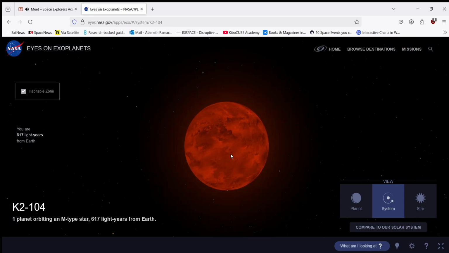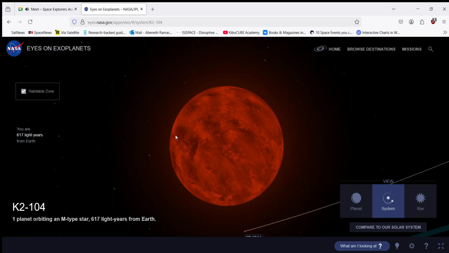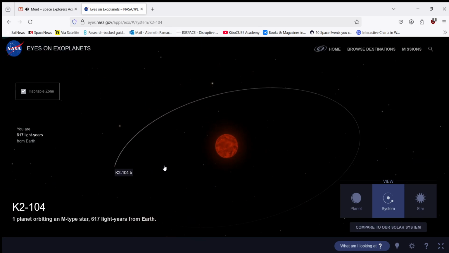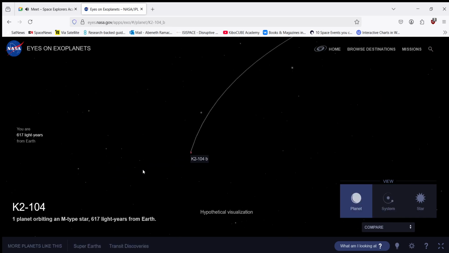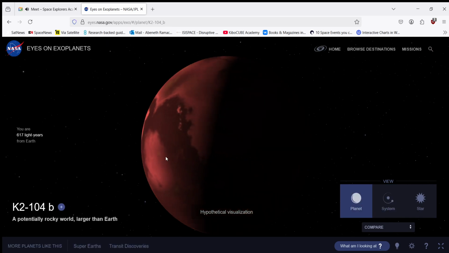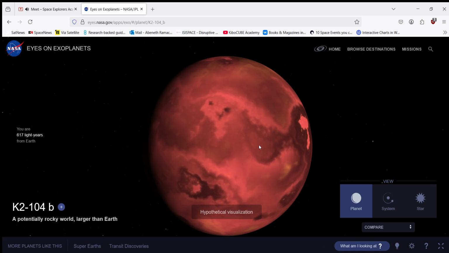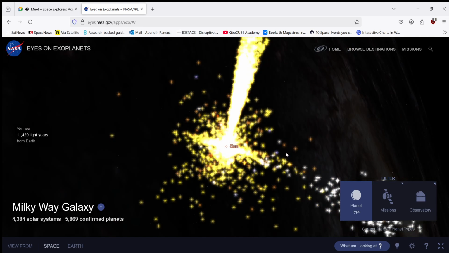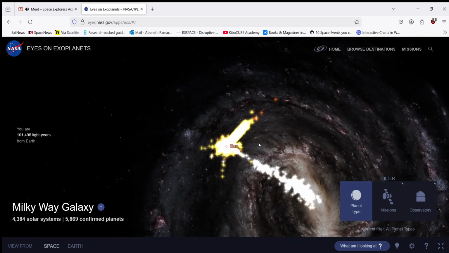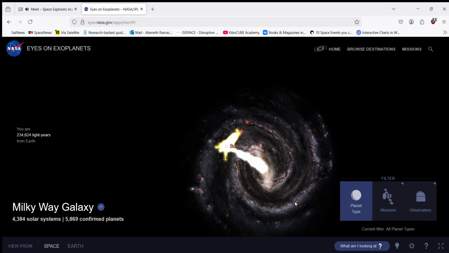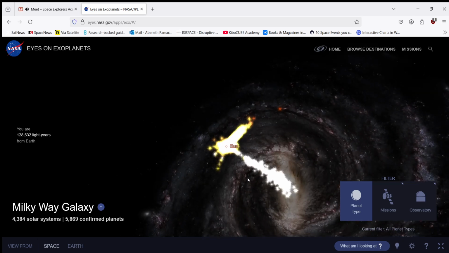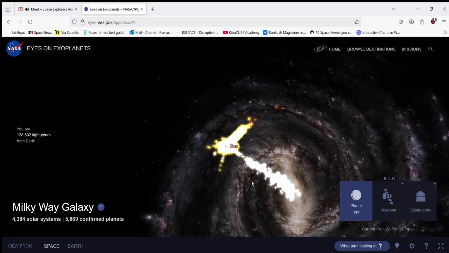This is a red dwarf, red M type star. Every system in our entire galaxy has been discovered here. This is our entire Milky Way galaxy, and they have observed so many exoplanets.